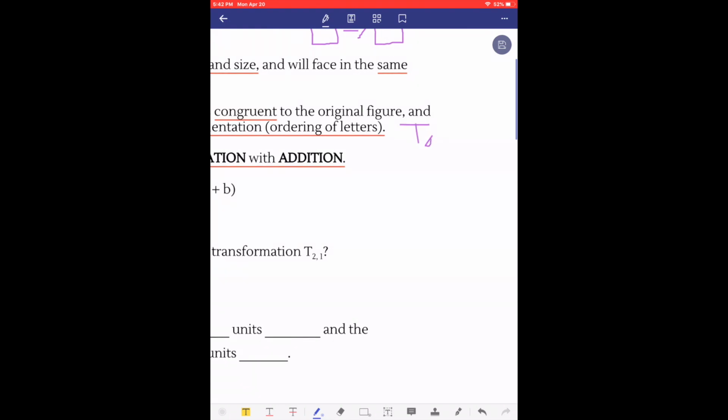So T, A, comma, B. The A tells you if there's going to be a horizontal change, if the image is moving left or right.